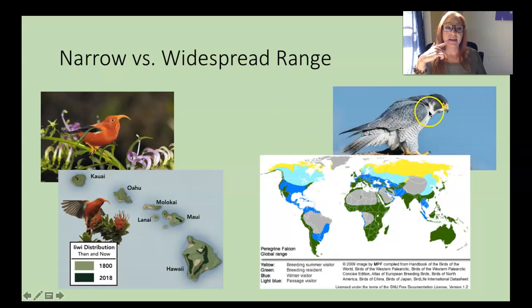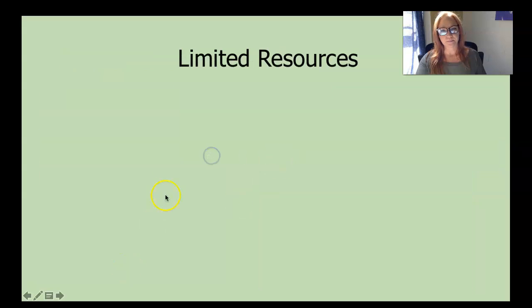So these guys have a very wide range. They're very successful, very adaptable. They can eat anything that they find, whereas these little narrower birds are limited to what kind of food they can eat. That's keeping them in just those islands. And also those islands are very, very isolated out in the ocean as well, okay?